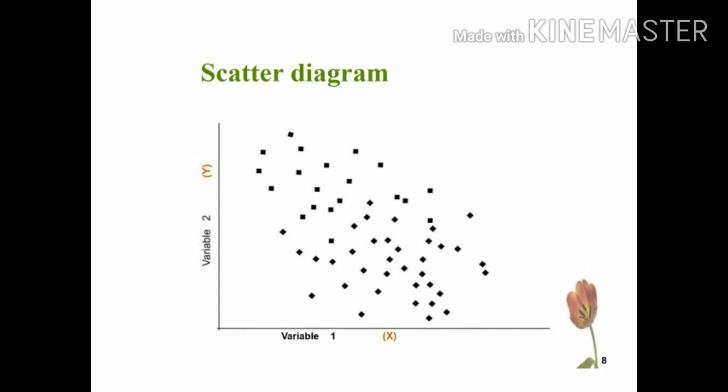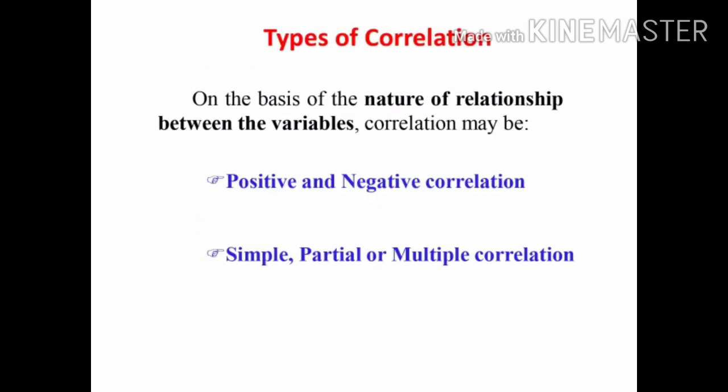The x-axis shows one variable and the y-axis shows the other variable. From this diagram, we can say that the observations are scattered, which means the correlation of the variables is very low. Then we can see the types of correlation.